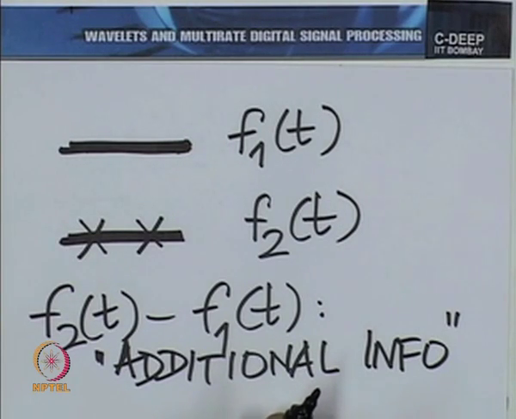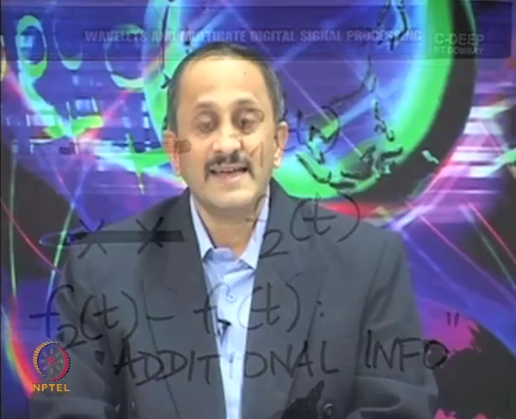Go back to the original case of the picture, we have inherently underlying a continuous two-dimensional picture, a continuous two-dimensional scene. When we make an approximation with a 512 cross 512 resolution, then we have actually brought in one level of detail.